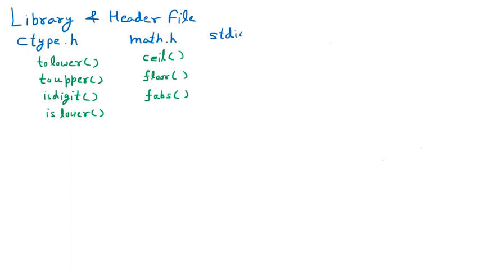This is the header file which we are using from very first day, which is the standard input output header file, and it is containing various functions. So first of all, we are discussing the stdio.h. So stdio stands for standard input output.